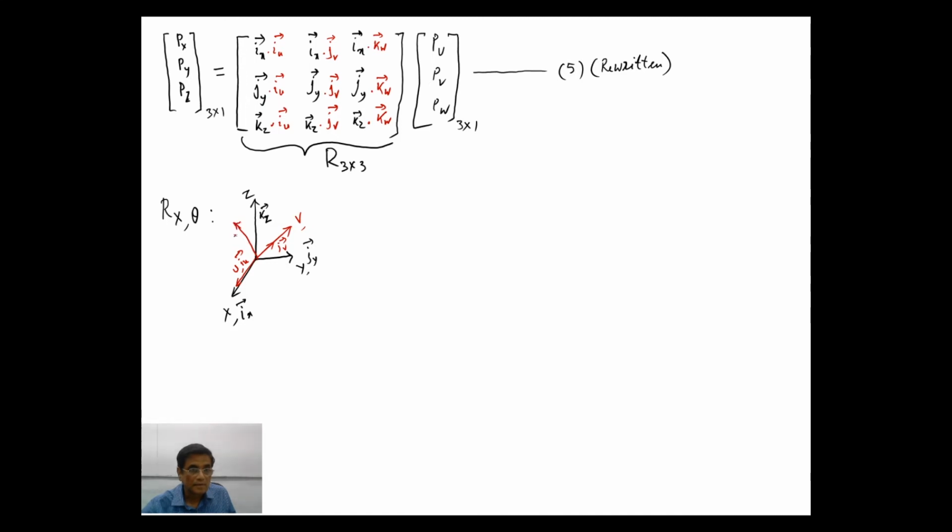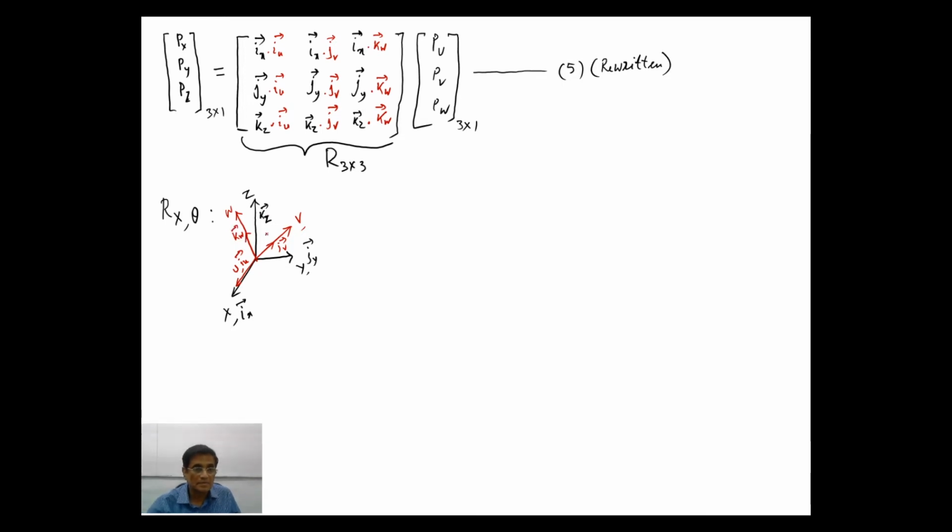Sorry about that. Let me try one thing. So this is the axis. This is your W and kw unit vector along this axis.